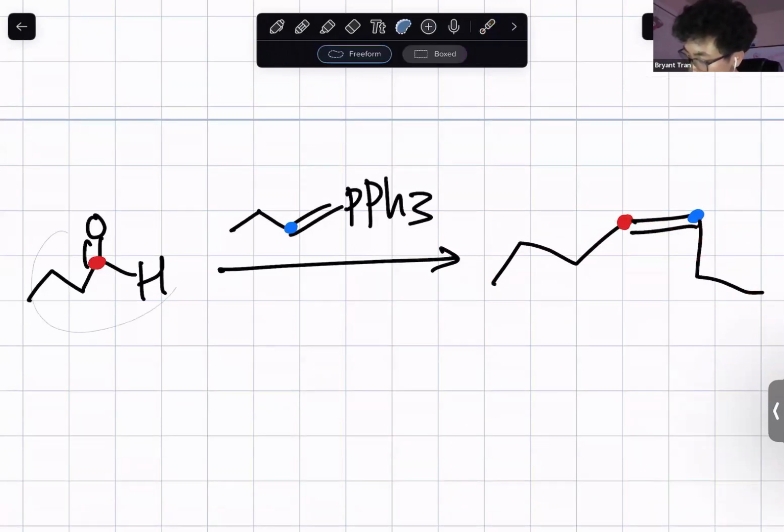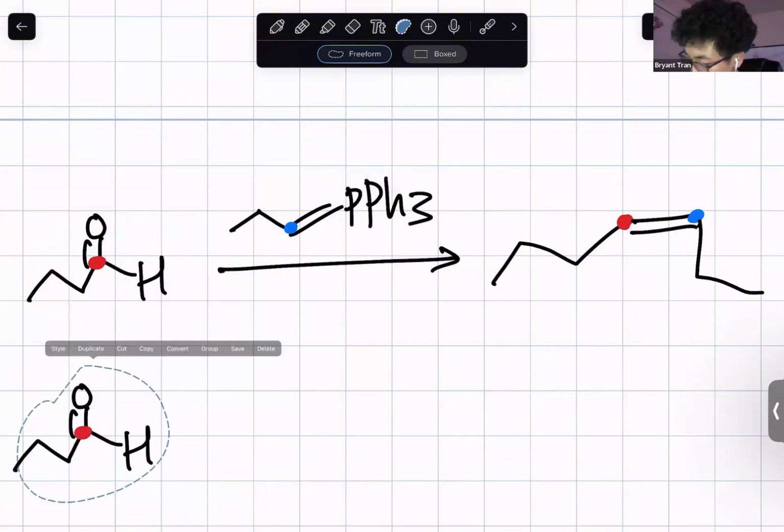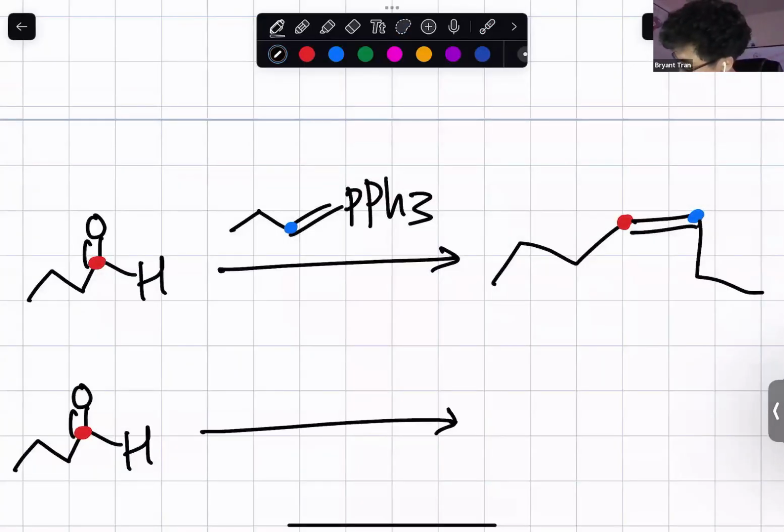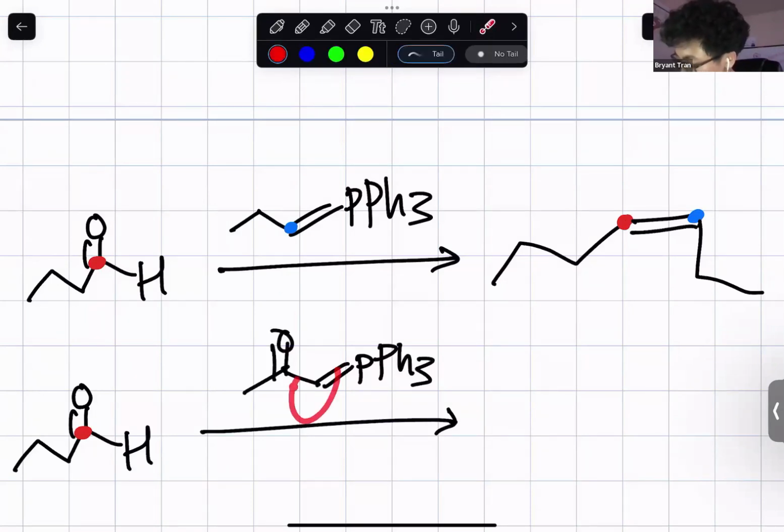Now let's use the same carbonyl, but this time, let's say our ylid here is resonance stabilized. It could do resonance with the carbonyl here. Right? Let's do the same thing. Let's draw that red dot out, make a double bond between the red dot and blue dot.